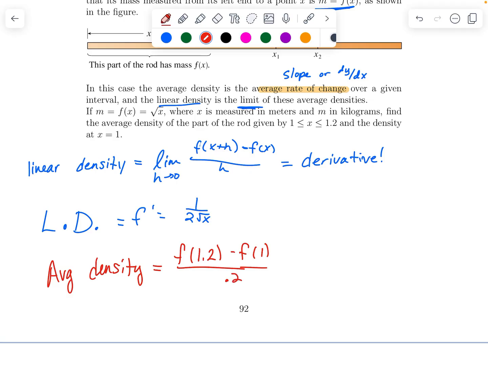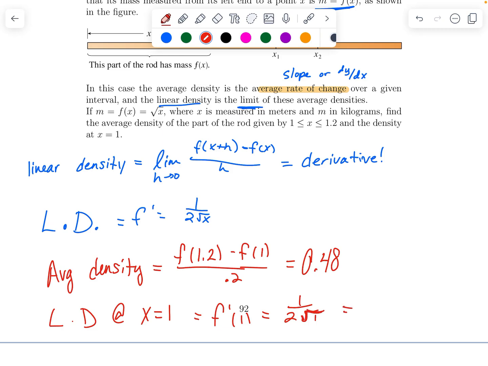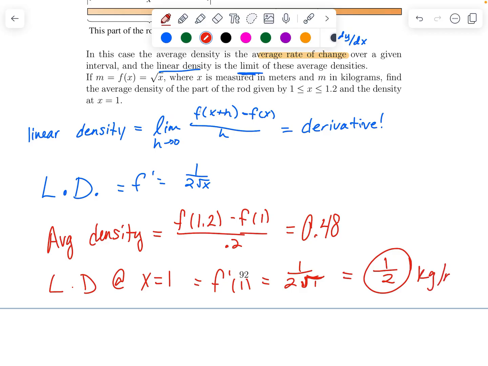That's my average density, which ends up being like 0.48. But the linear density at x equals 1, that's when we use f prime of 1, which is 1 over 2 root 1, which is 1/2. Maybe I should label that as kilograms per meter. And this should be kilograms per meter.